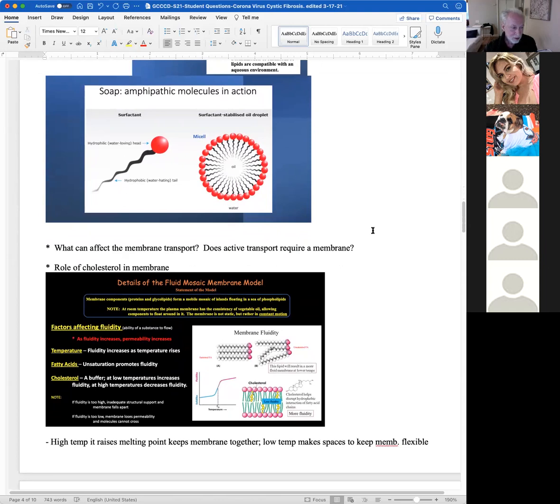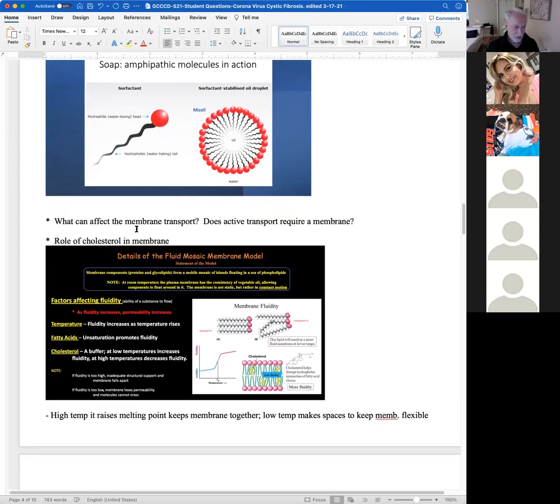There were a number of questions about membrane transport. Does active transport require a membrane? And I think so. I don't know how it would happen without a membrane. But the questions revolved around what can affect the transport of materials across a membrane, and what is the role of cholesterol in the fluidity of the membrane.